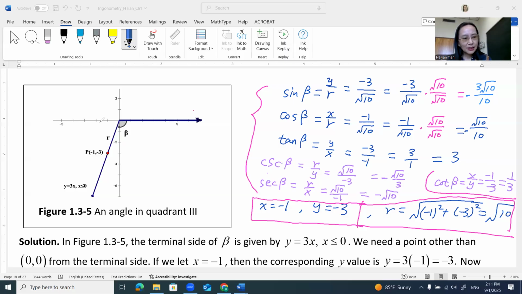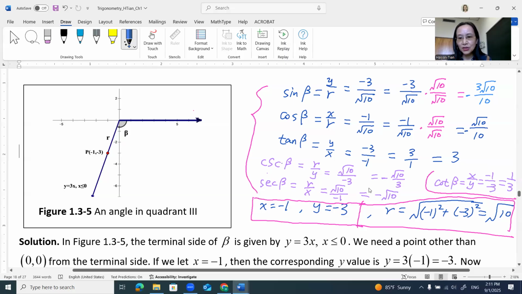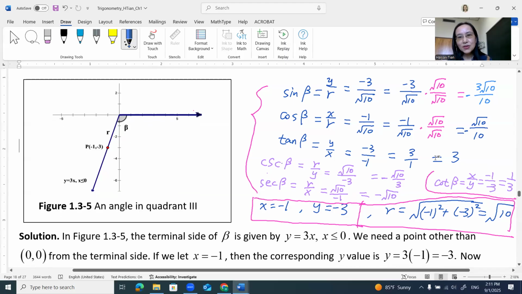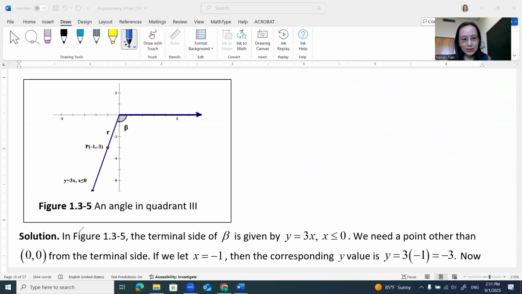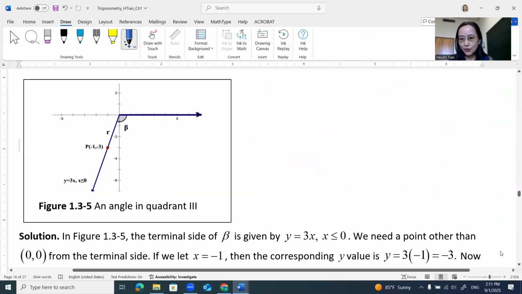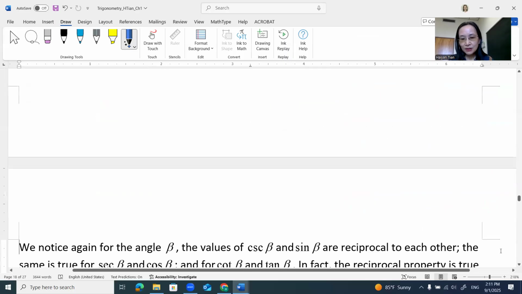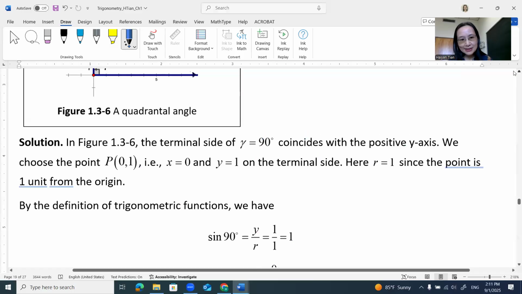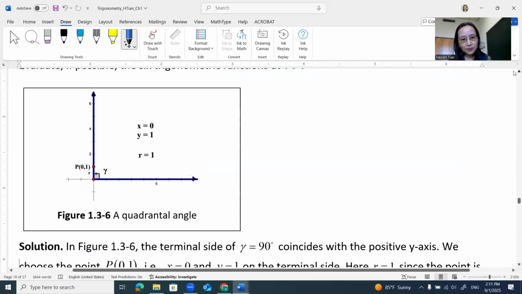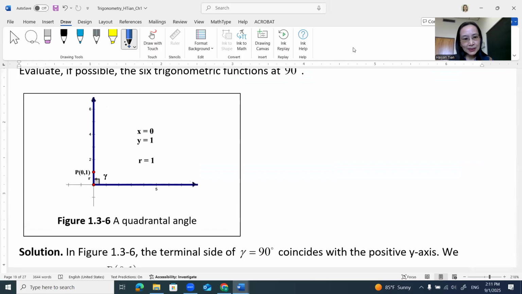So all these angles can be in the first quadrant, the second quadrant, the third, or the fourth. But it can also be a special case, a quadrantal angle. That is, the terminal side can fall on a certain axis, like the x-axis or y-axis, like this one.